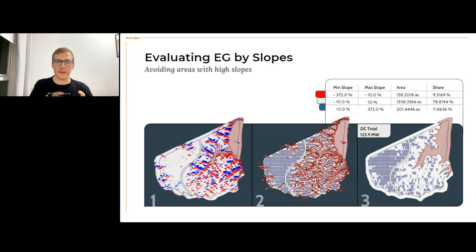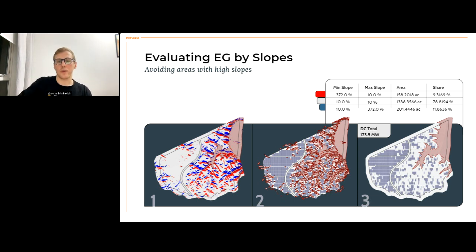And the way it's usually done is that people try to avoid high slopes on the terrain. So you can see here those red and blue areas. These are the areas where the slopes of the terrain are higher than 10%.